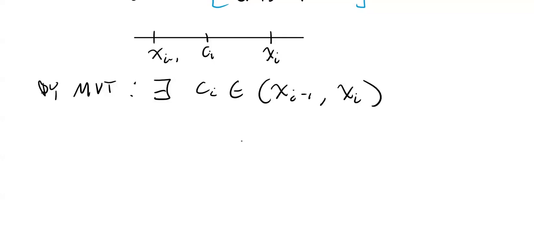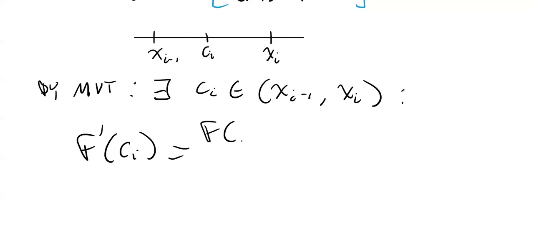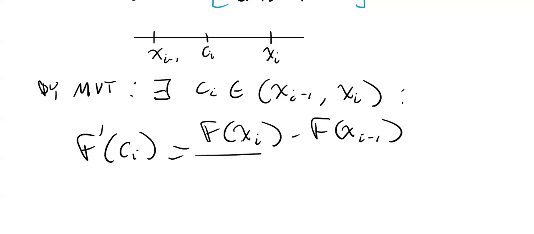So it says just what we drew up here. There's a point, c sub i, somewhere in this interval in here, such that the derivative of that function at that point equals the mean value, f evaluated at x of i minus f evaluated at x of i minus 1, over x of i minus x of i minus 1.